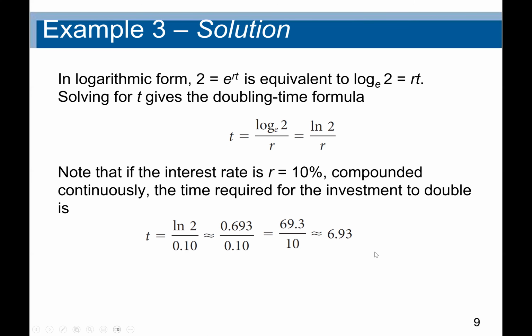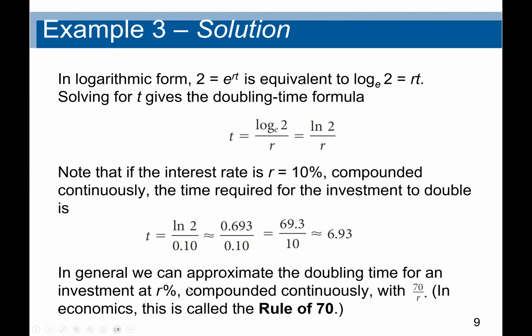So it will take almost 7 years for our investment amount to double. In general, we can approximate the doubling time for an investment at R percent interest rate, compounded continuously, with 70 divided by R. In economics, this is called the rule of 70.